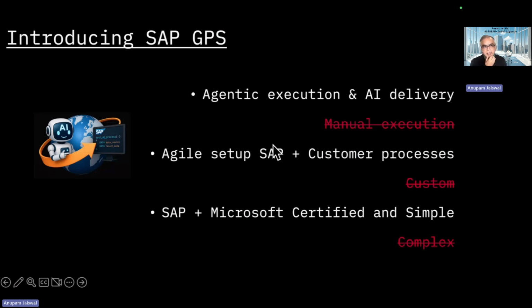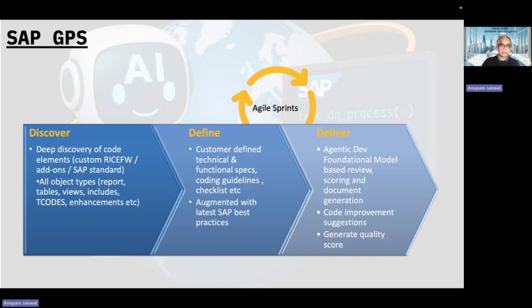Basically, Agentic-AI execution powered by USB for SAP, and it should combine their existing SAP with an agile model to read the code repository as well as their development processes, which might be in technical specs, coding guidelines, standards, whatever they have, the checklist, etc. And it should make it simple for them to plug in with SAP, and ideally should be certified, and then go ahead and create this documentation as well as quality documents.